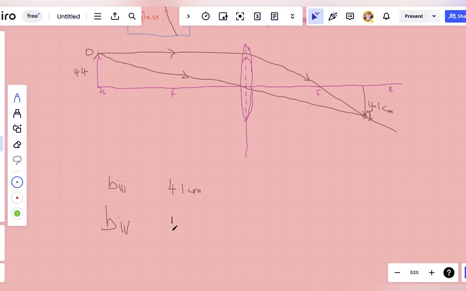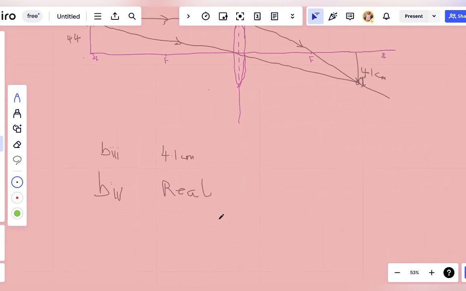State whether the image is real or virtual. It's real. A virtual image is not a real image, and it cannot be formed on a screen. This is a real image. Why? You also have to give the reason: because it can be formed on a screen, or projected on a screen.